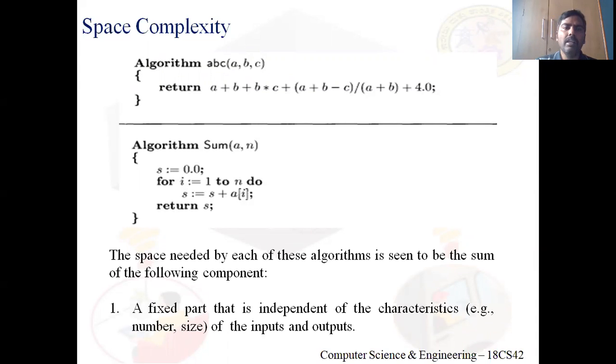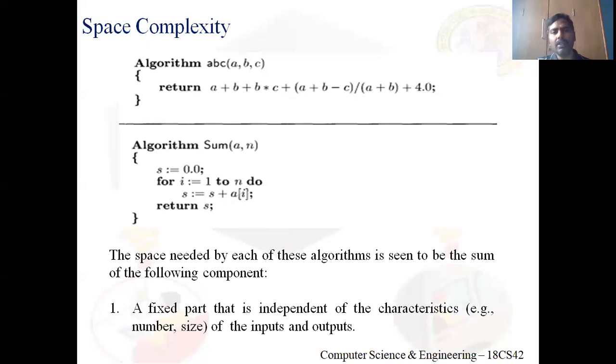When I look at the first algorithm, I know there are three variables, A, B, and C. Let these three variables be of any type, maybe int, float or string, whatever it be. In general, let me treat these variables as generic.